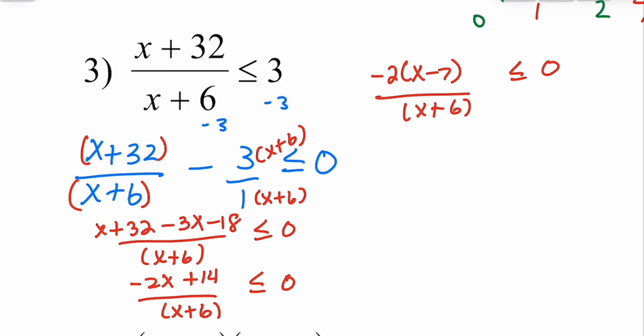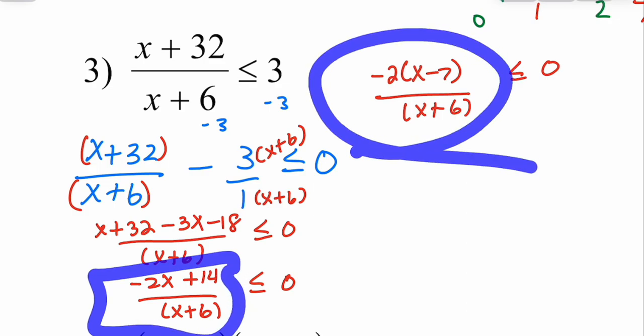Okay, so let me remind you exactly what happened again. I moved the 3 to the other side by subtracting it, put it over 1 so it looks more like a fraction. Got a common denominator of x plus 6. Anything that was left, I need in factored form.